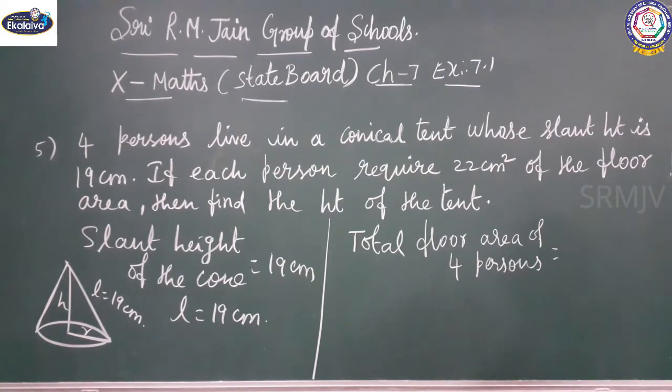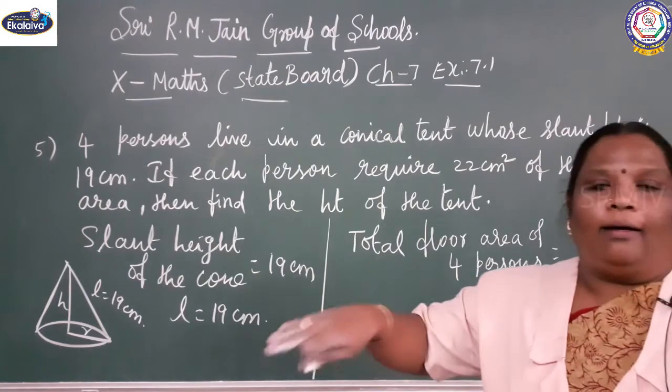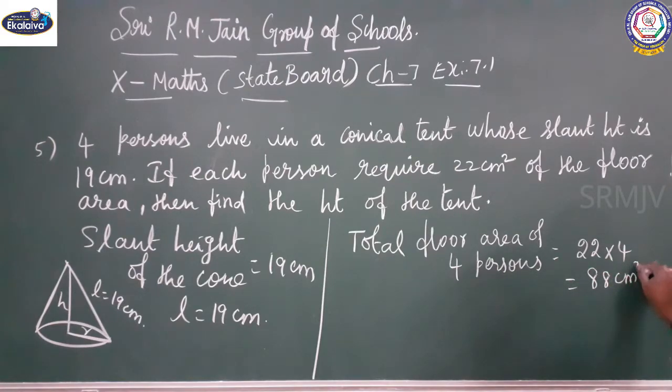Total area is given as 22 centimeter square, but for 4 persons, 22 into 4 is the required base area. So 22 into 4 is equal to 88 centimeter square.